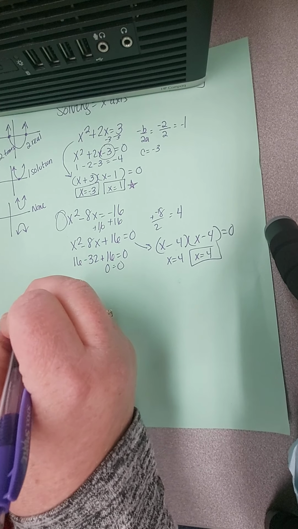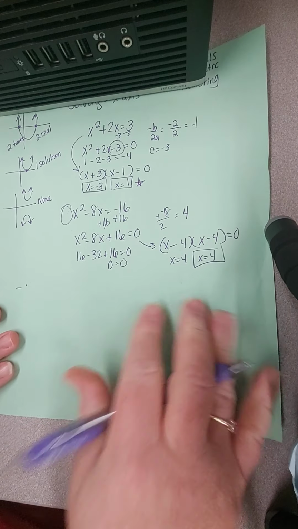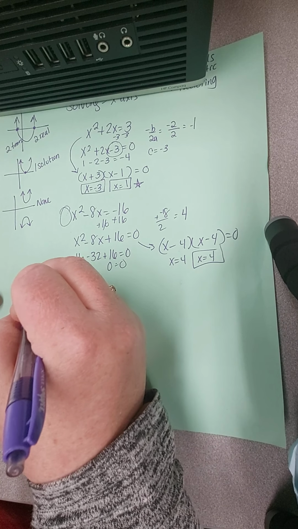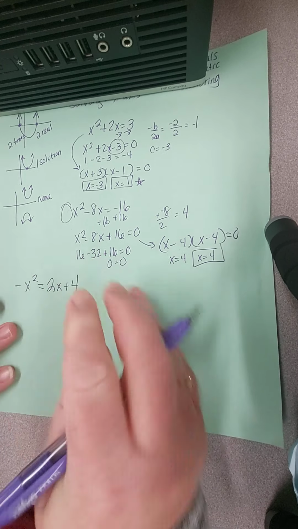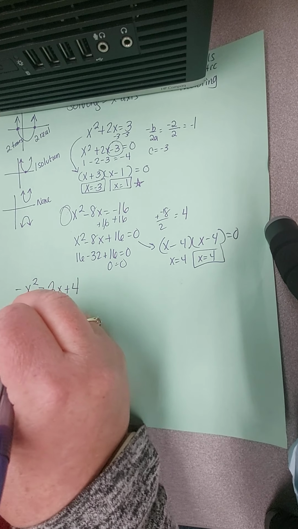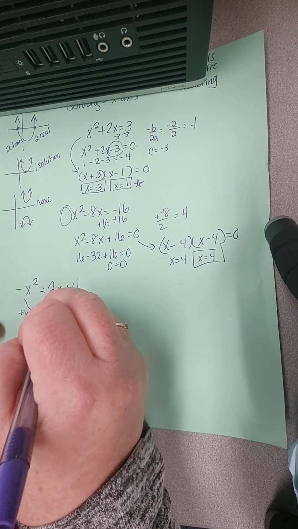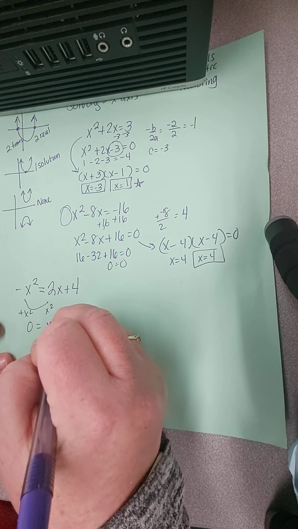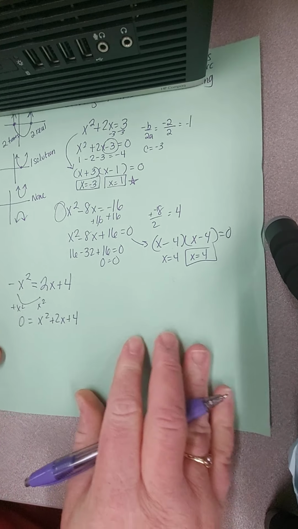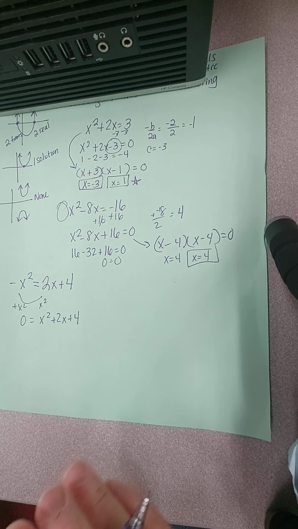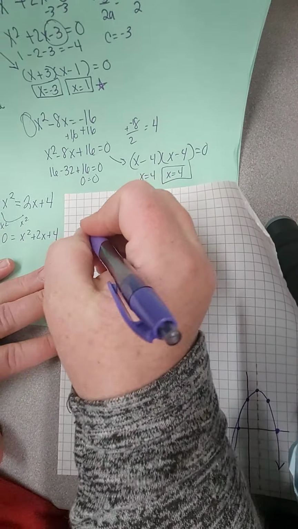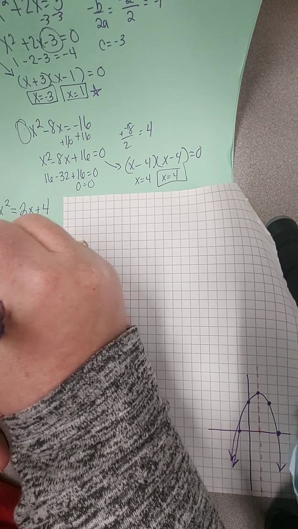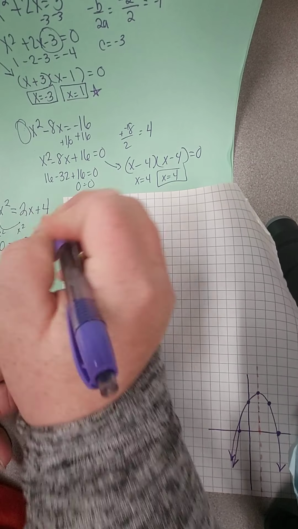Okay, so let's try this one. Negative x squared equals 2x plus 4. All right, let's see. You know what? I'm going to move this over here by adding x squared. So 0 equals x squared plus 2x plus 4. And I'm going to go ahead and try to graph it. Negative 2 over 2 times 1, so that's a negative 1.